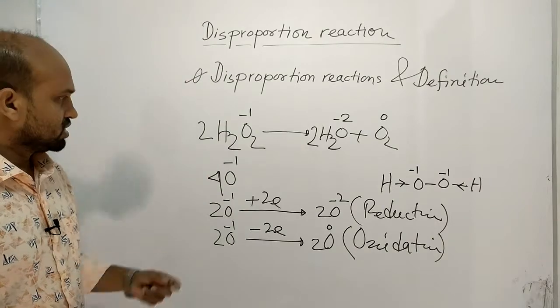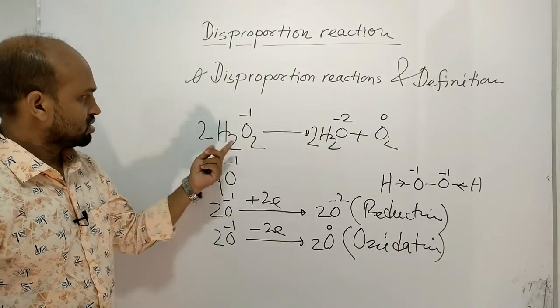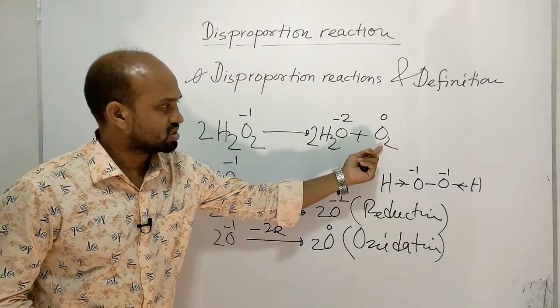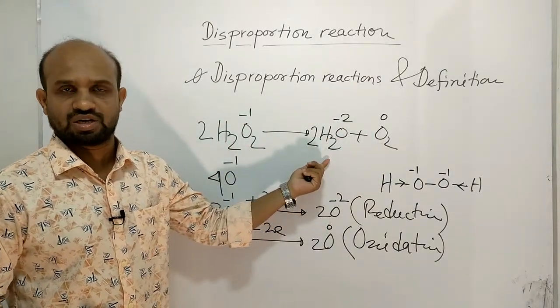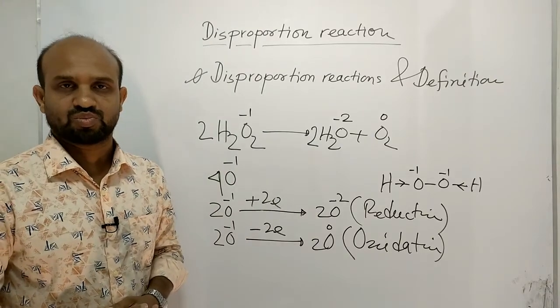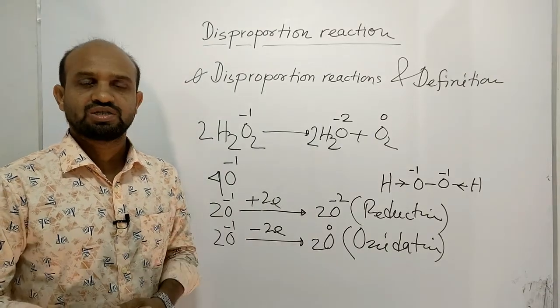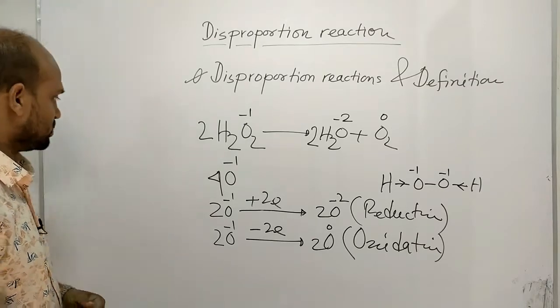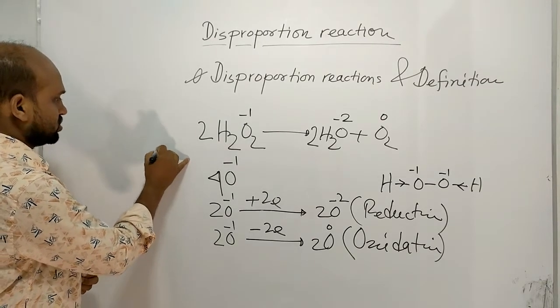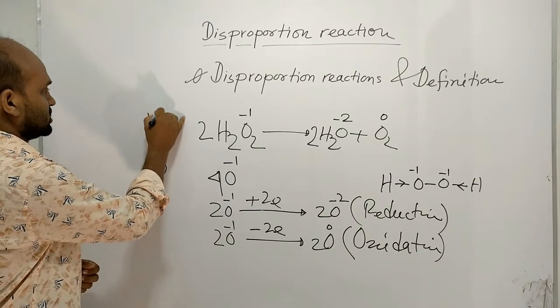Now, in this reaction, oxygen undergoes oxidation and reduction at a time. So, this is a kind of disproportionation reaction.